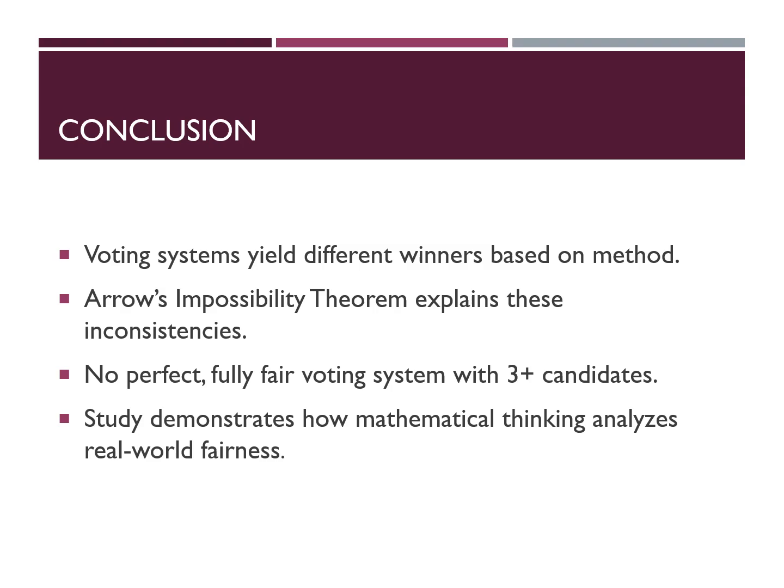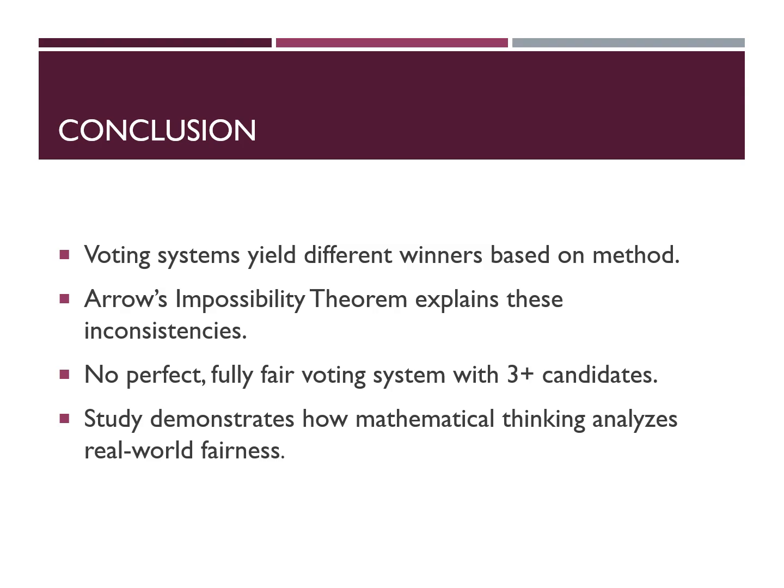In conclusion, the analysis of the election using the two different voting systems, the plurality and the Borda count, reveals that different methods can produce different winners, even when based on the same voter preferences.